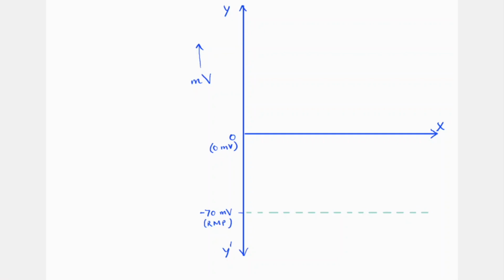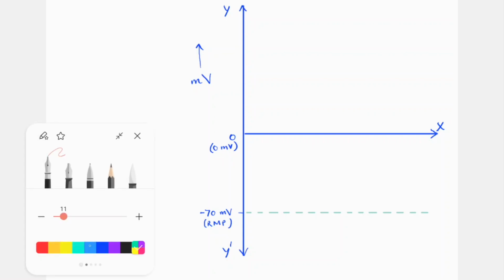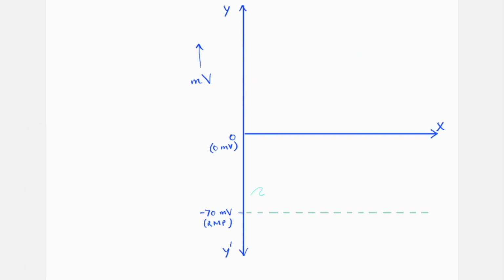And one more line. You'll understand the significance of this line later when I actually talk about it. Let's make it in turquoise. It'll be somewhere around here. It's not exactly accurate, but that's fine. I'll make this line dotted as well.